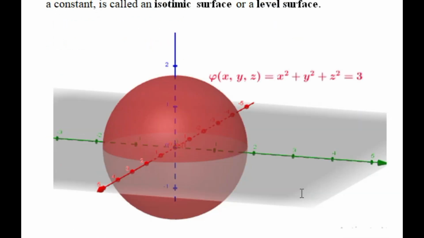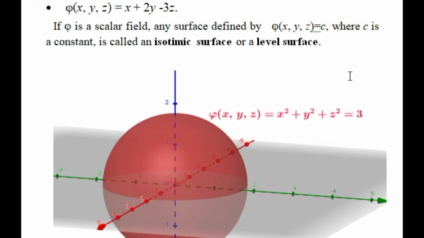Okay, let us consider an example. Suppose our phi of xyz is equal to x square plus y square plus z square, and suppose we put this equal to 3. Then what happens? When we put this equal to some constant, then this becomes a surface. That is the definition, and such a surface is called a level surface.